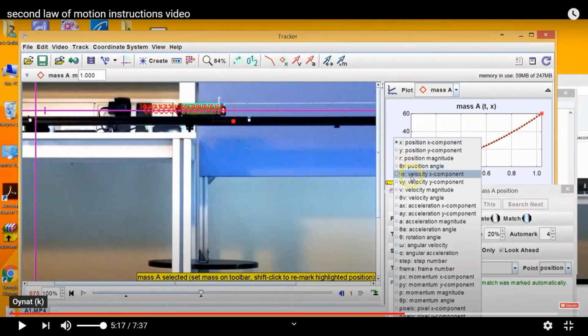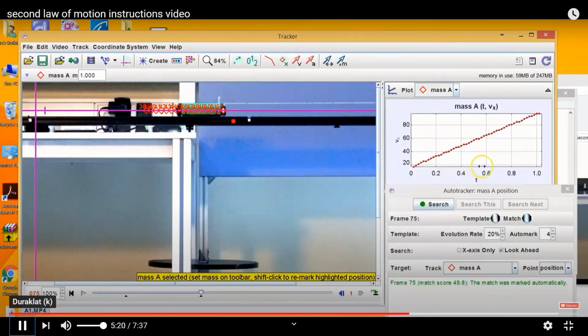After clicking on the right button of the mouse on the vertical axis, we choose velocity data. Tracker combines each data with a line.